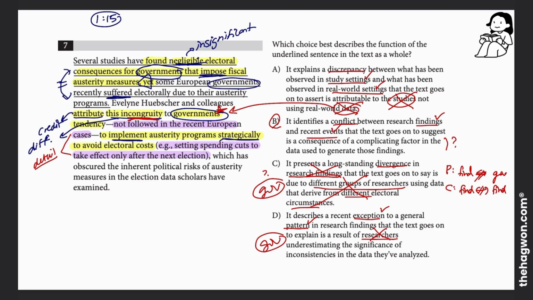And for me, that's going to really be this last clause. If you read the last clause of this passage, you'll notice it goes, which has obscured or made more difficult or complicated what? The inherent political risks of austerity measures, which is the factor that the studies are focusing on, in the election data scholars have examined, or in the data that scholars use to generate those findings.